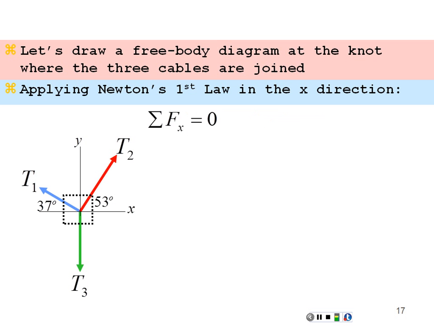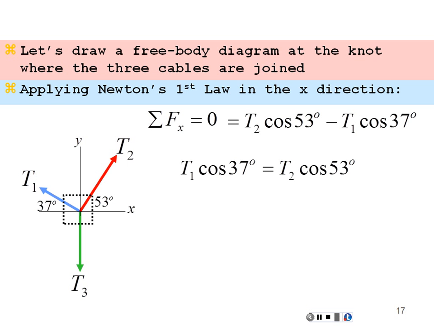So we apply Newton's first law in any direction. If we look at the x direction, all the components of forces in the x direction should add up to zero. And we actually have two components in this case. We have a T2 cosine 53 degrees going off in the positive x direction, and we have a T1 cosine 37 degrees going in the negative x direction. So adding these components together, positive and negative, they should add up to zero.